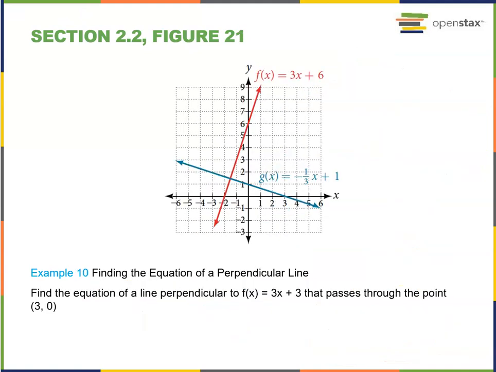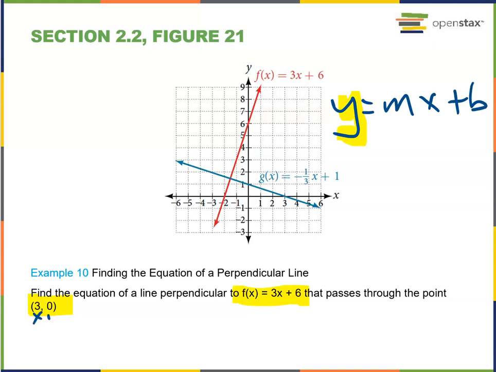Next one, how to find the equation of a perpendicular line. Find the equation of a line perpendicular to f of x equals 3x plus 6 that passes through the point (3, 0). We know y equals mx plus b.